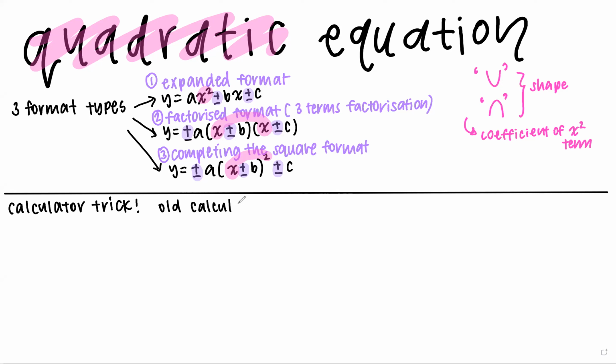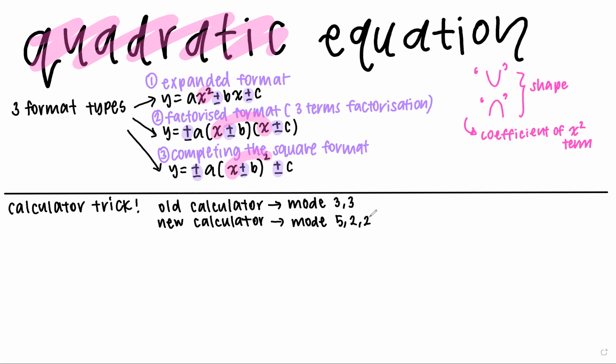Old calculator, we use mode 33. For the new calculator, we use mode 522. Okay, so that is for the calculator trick.